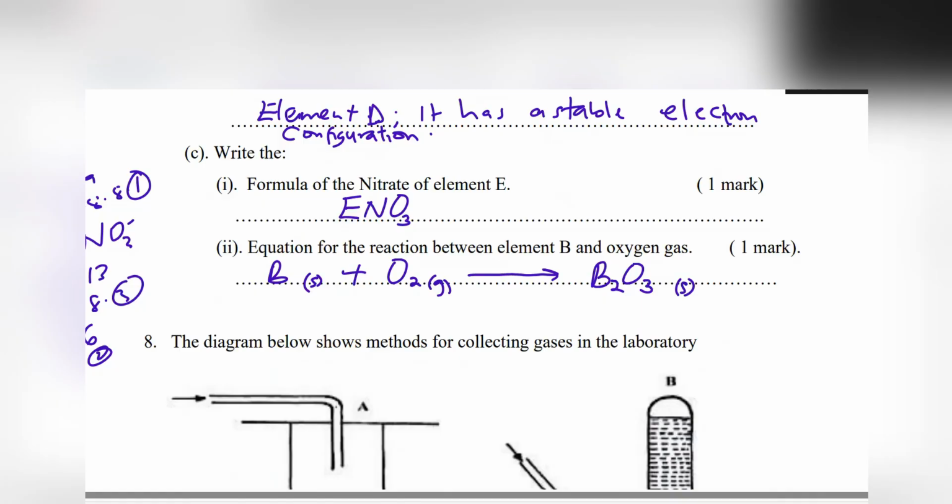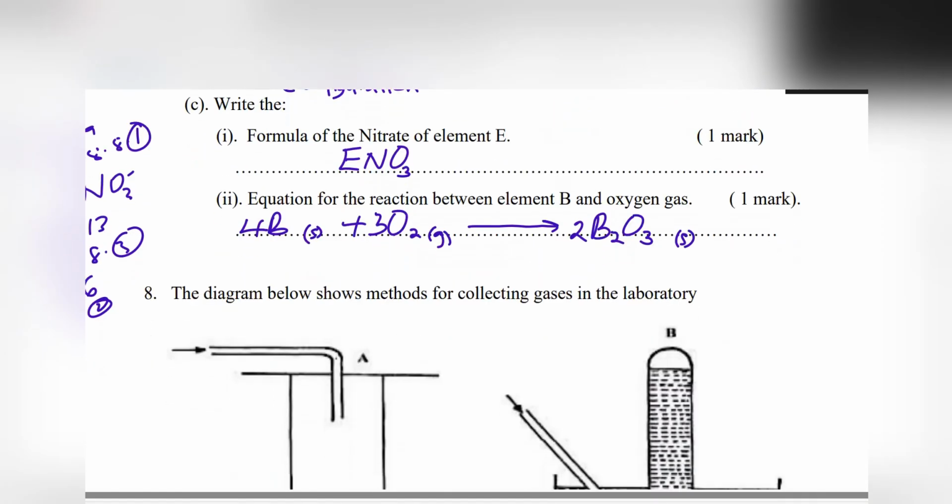To balance the equation, we write 2 behind B oxide so that the oxygens are 6. To balance the oxygens, we write 3 behind oxygen, and of course, the B's will be 4, and therefore we multiply B by 4 on the reactant side. That equation is now automatically balanced.